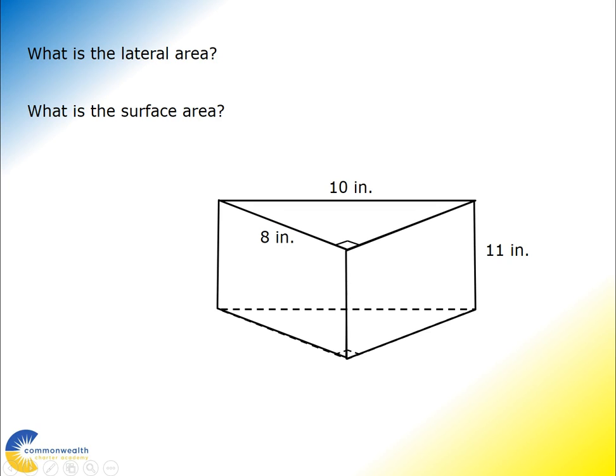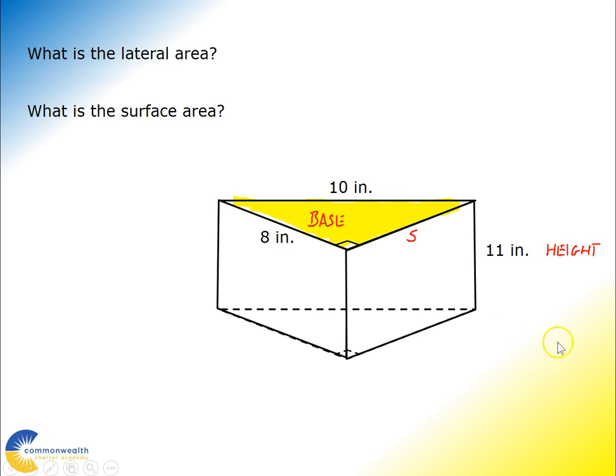So the first question you were given is that you were asked to find the lateral area and the surface area of this prism. Now for this prism here, the base, and there's one down here at the bottom as well, is this triangle. It's a triangle that's a right triangle.